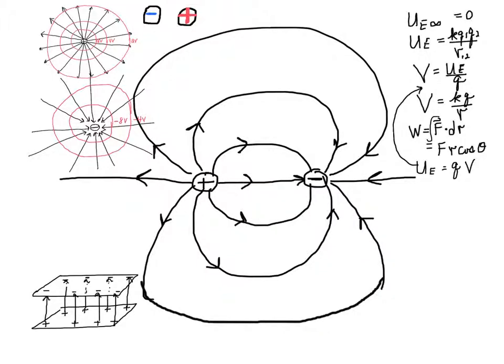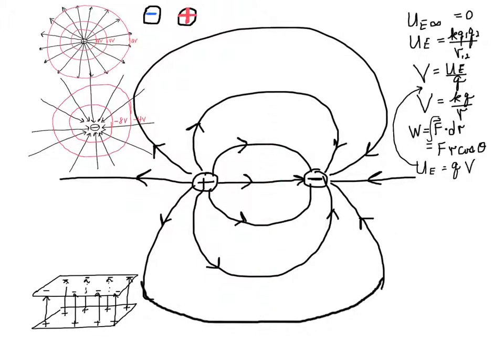And since potential is a scalar, not a vector, right? If I go up here at this point, I'm the same distance from two equal and opposite charges, and when I add the two potentials at this point, there's 0. So there's a line here of 0 potential.